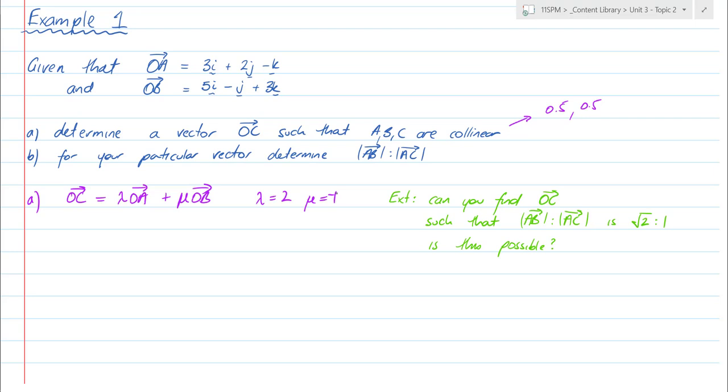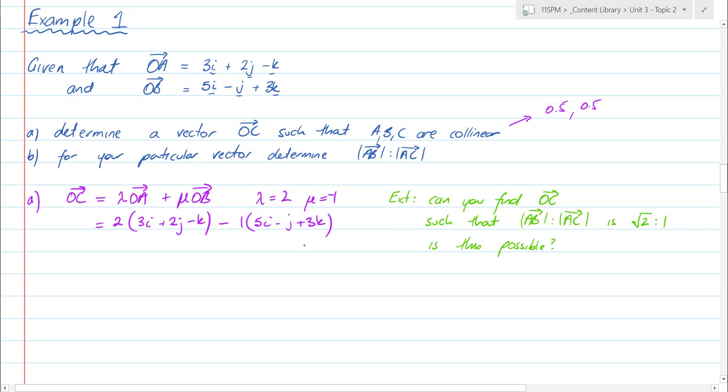So in this case, I get 2 times (3i + 2j - k) minus 1 times (5i - j + 3k), and that will be equal to 6i minus 5i, plus 4j plus 1j, and then minus 2k minus 3k, which gives me a total of i + 5j - 5k.